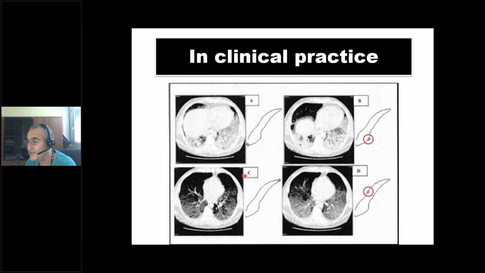So the pressure in slide B is the same as the pressure in slide D, but the lung is much more open. This is the concept of recruitment. Open up the lung, then it stays open when you decrease the pressure.